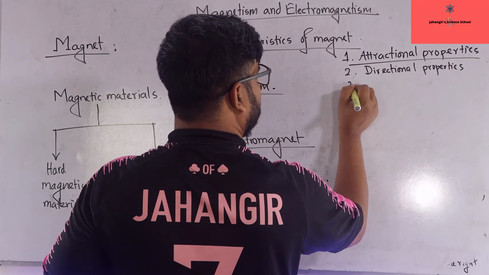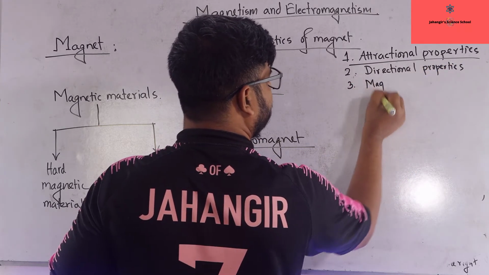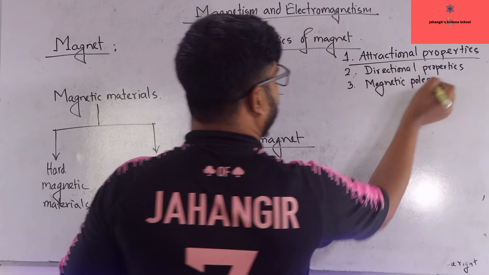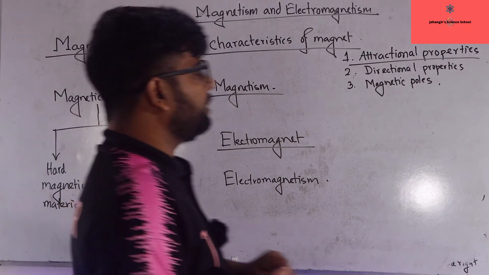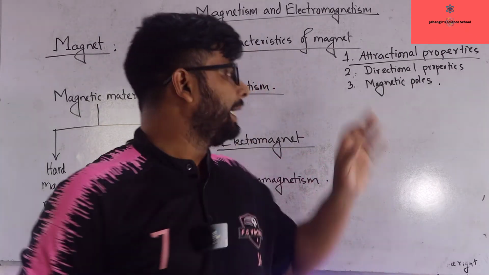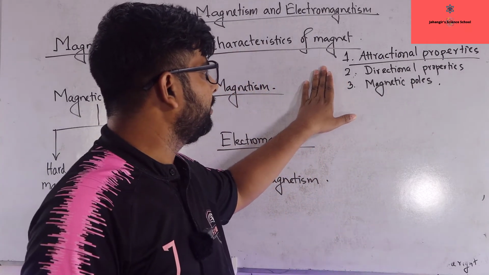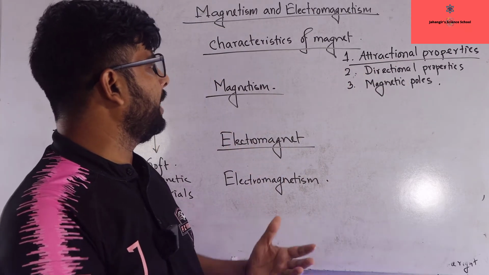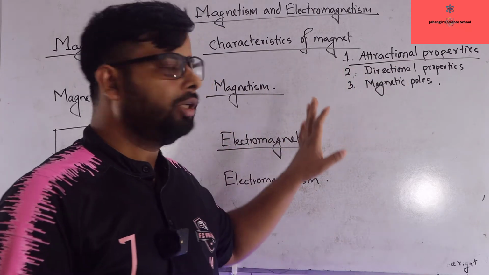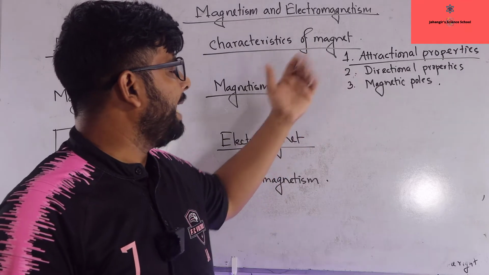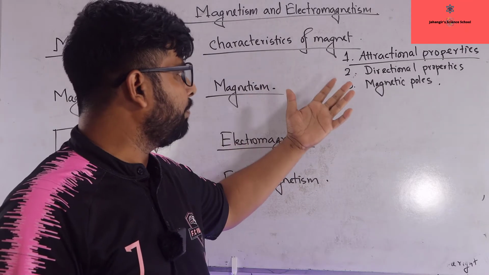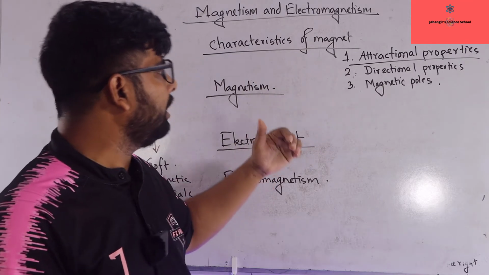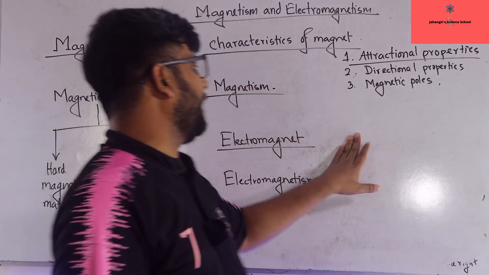Number three, magnetic poles. Attractional properties. Magnet can attract magnetic materials like iron, cobalt, nickel, and also it attracts opposite type magnetic poles, and repels same type magnetic poles.